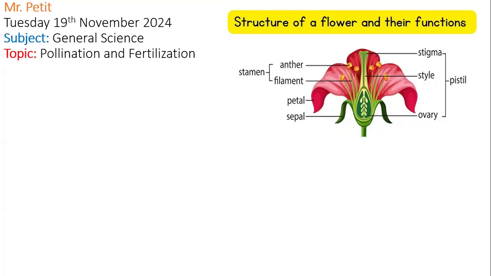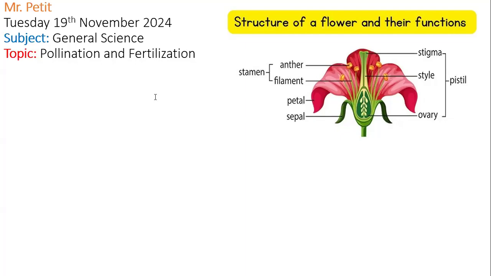Now, pollination is where reproduction begins. Basically, if we look at the stamen, the anther is where the pollen is going to be. And that pollen has to get into the stigma, all right? And that's pollination.